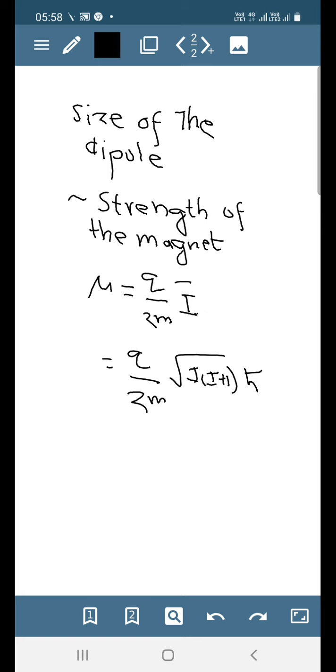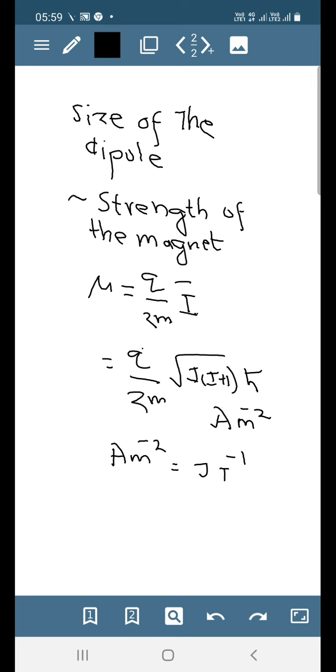Now the unit of this is ampere per meter square, if Q and m are the charge and mass of the particle, and ampere meter square is equivalent to joules per Tesla.